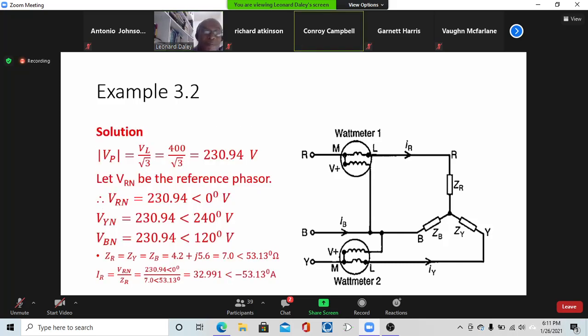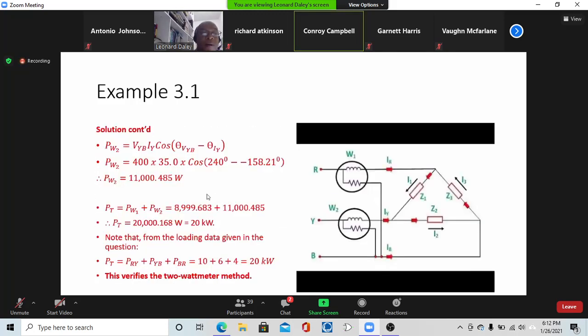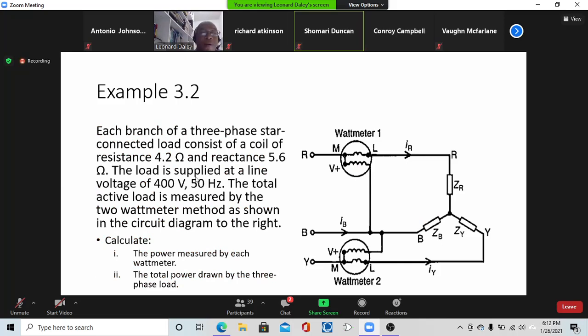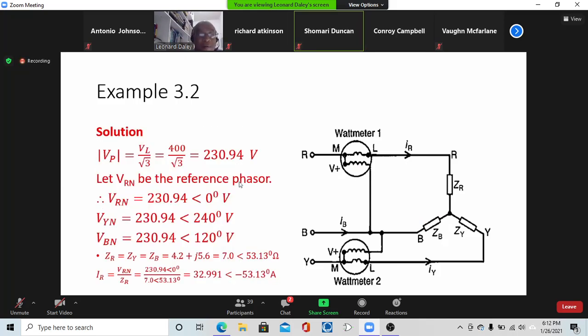So I get 32.86, but I don't have the same angle. I have minus 23.13. I wonder if I put it in wrong. No, sir, I got the same thing that you got. It's 5.6, yeah, 5.6.